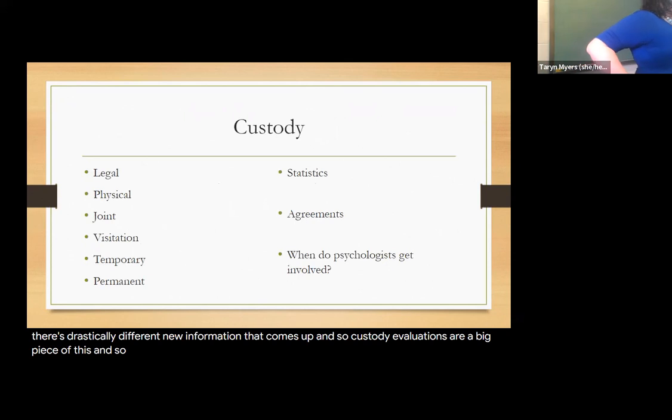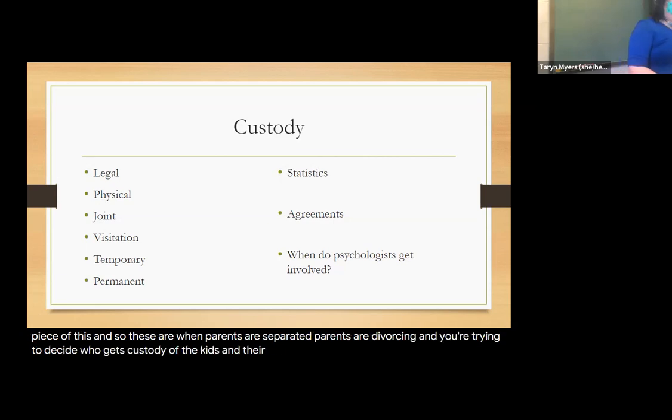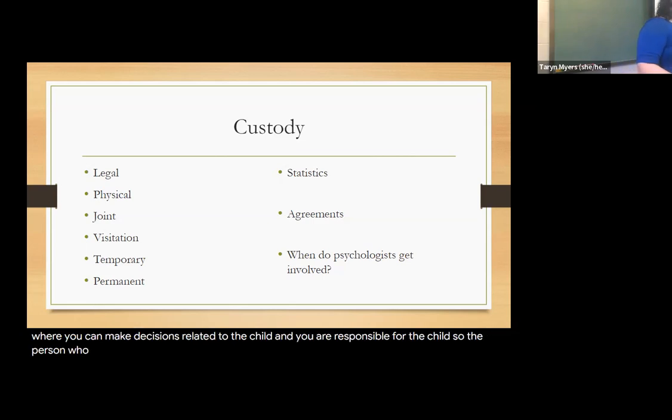And so these are when parents are separating, parents are divorcing, and you're trying to decide who gets custody of the kids. And there are different types of custody. So legal custody is where you can make decisions related to the child and you are responsible for the child. So the person who has legal custody would be the one who can make medical decisions, for example.